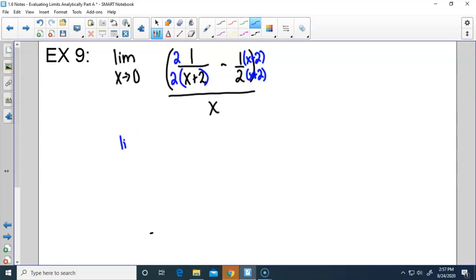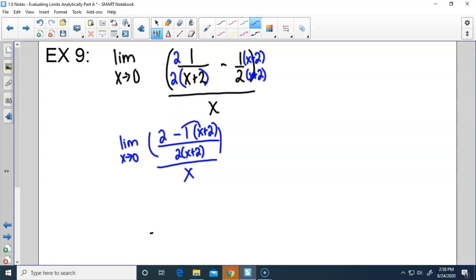And so whenever I do that, I've got the limit as x approaches 0 of 2 minus 1 times x plus 2. And since these both now have the same denominator, I can write them all over 2 times x plus 2. I don't have to write those denominators separately. And then this is all over x. Now here I need to distribute that -1.